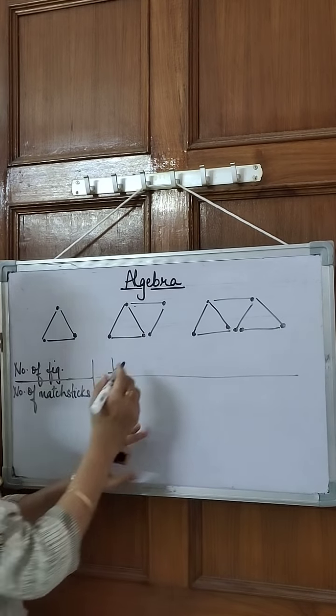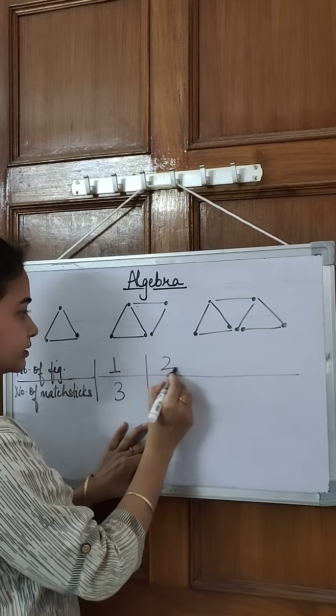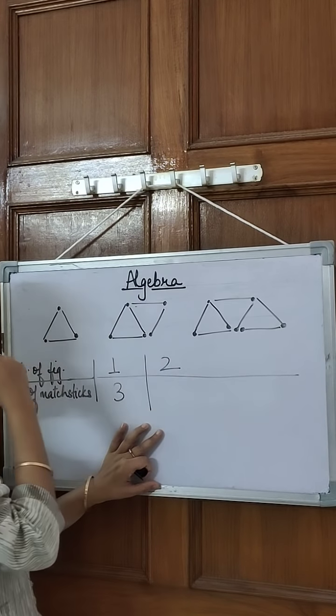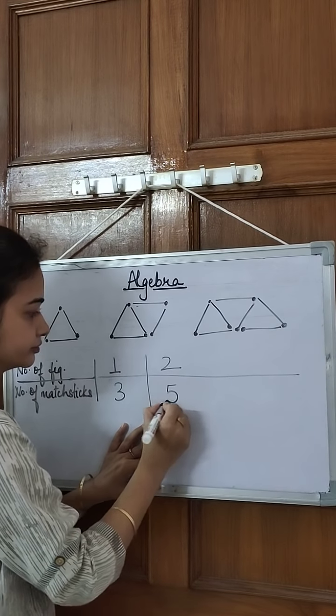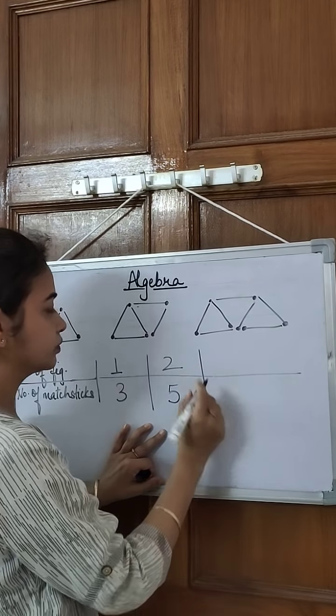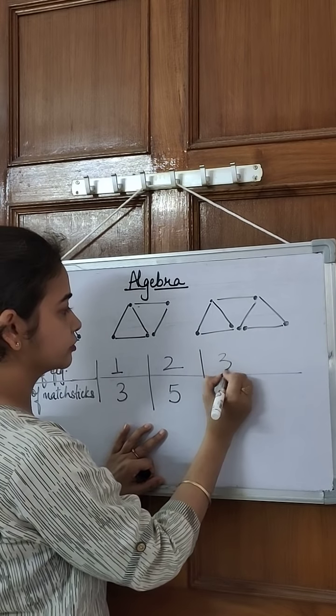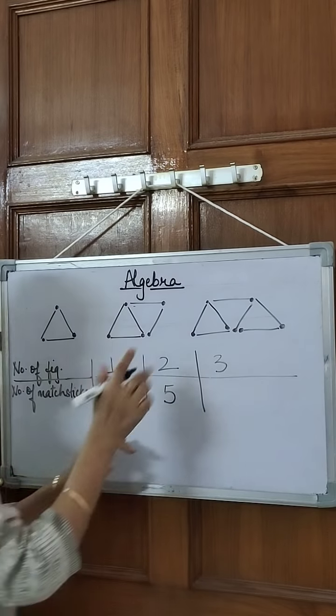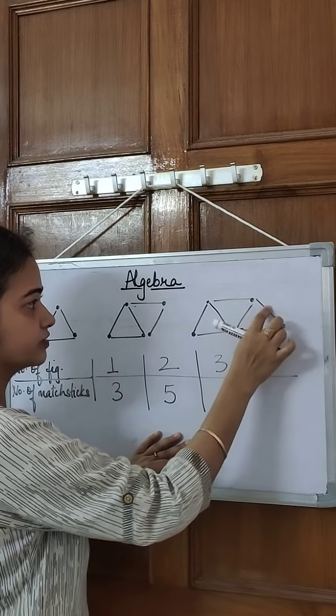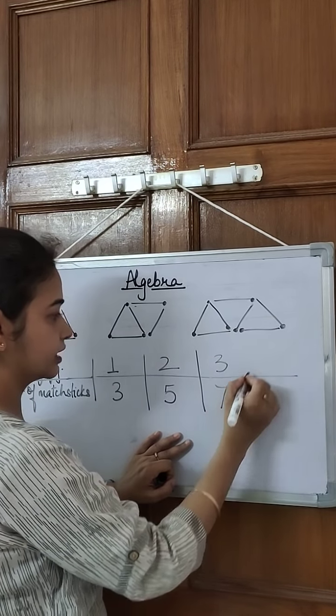And when I am drawing 2 triangles, the number of matchsticks will not be 6. It is 1 less, so it is 5. Now when the number of triangles is 3, it is not 9, it is 2 less. It is 1, 2, 3, 4, 5, 6, 7. It is 7, and so on.